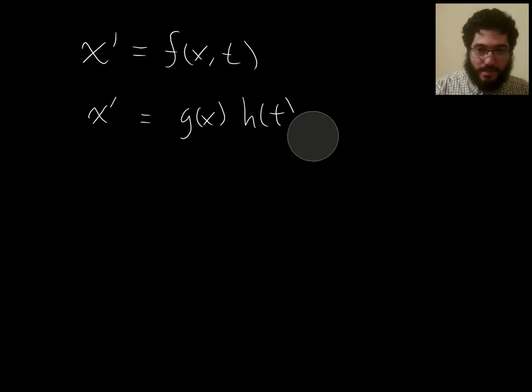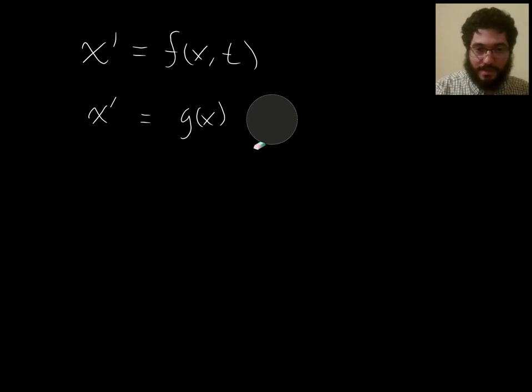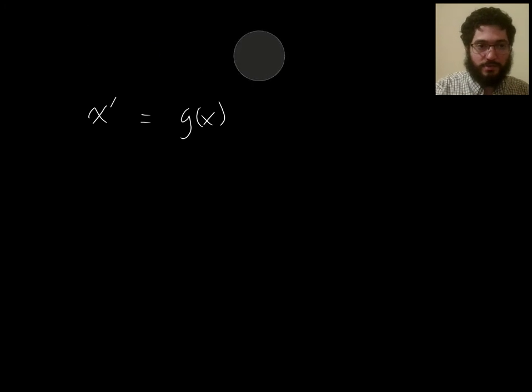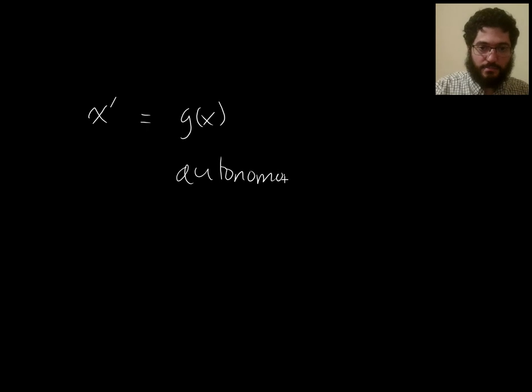Now I'm going to say, well, okay, if you can write it like this, if the right-hand side is a function of x alone, and there's no explicit time dependence in the right-hand side, then we say that the differential equation is autonomous. So an autonomous differential equation is one that can be written like x prime equals and then stuff involving x.